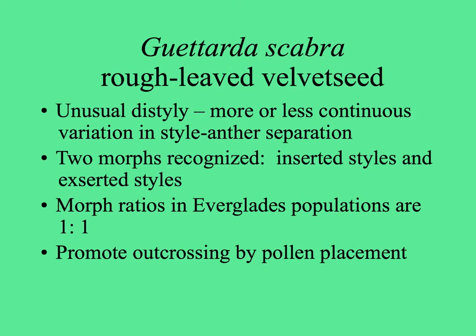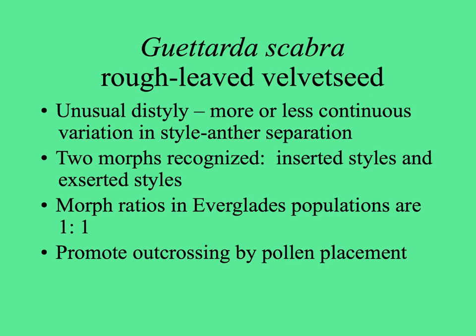One of the coolest plants in the Everglades pine rocklands is the rough-leafed velvet seed, Guettarda scabra, and it has distyly, but of an unusual form, more or less continuous variation in style-anther separation among individuals of this species.